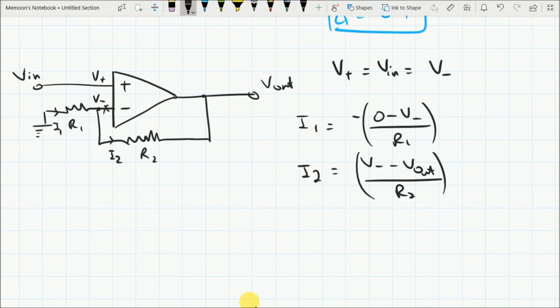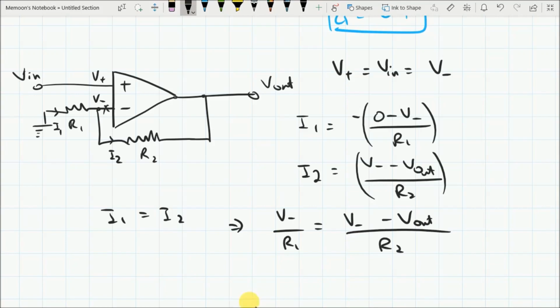And as I1 is equal to I2, this implies that V neg over R1 is equal to V neg minus V out over R2.